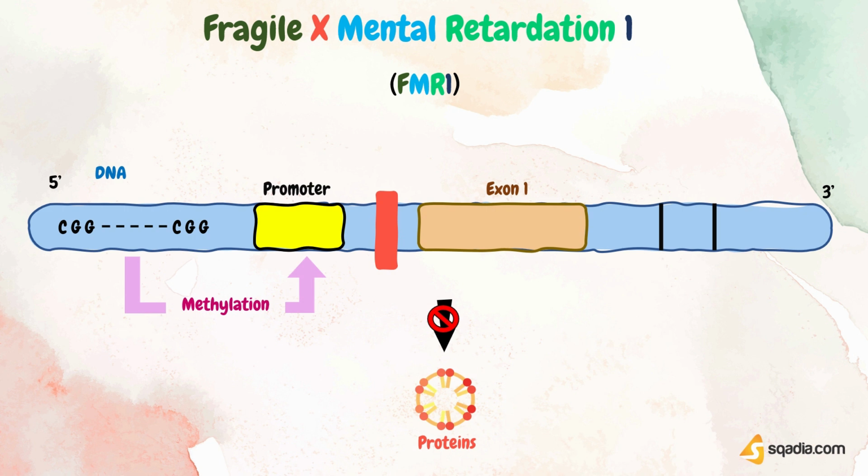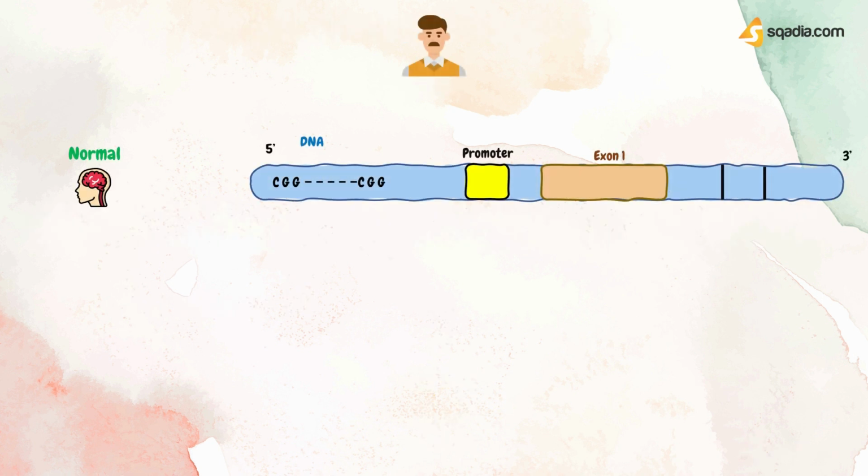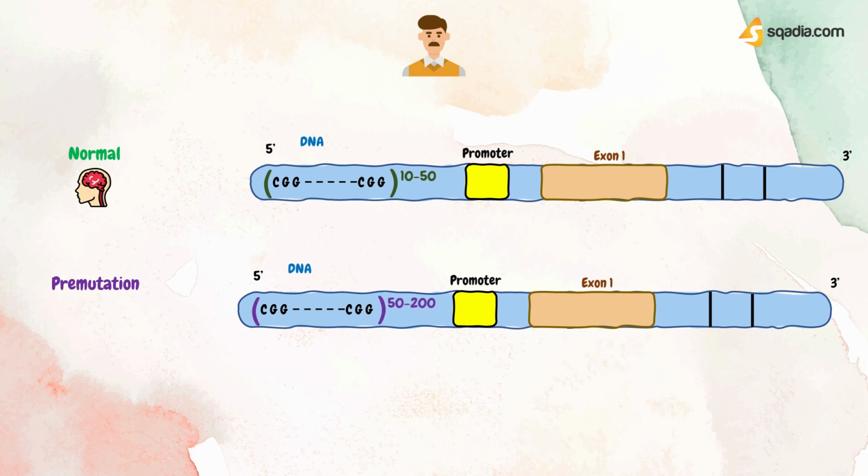Now, let's discuss phenotypes of Fragile X syndrome. First, in males. A male is normal if the number of repeats of CGG is 10 to 50, but it is called a premutation if the number of repeats of CGG is 50 to 200, which leads to a transmitting male at risk for Fragile X ataxia tremor syndrome.